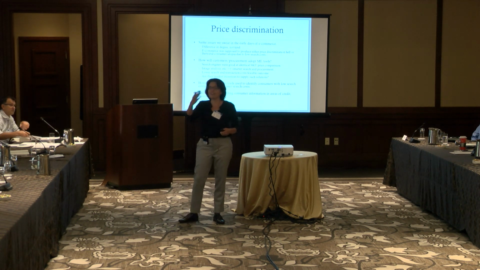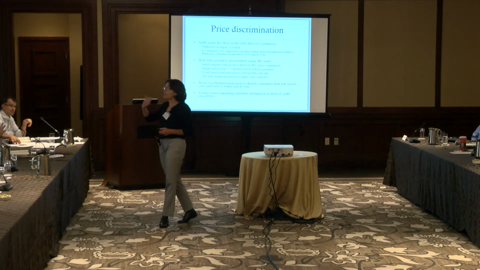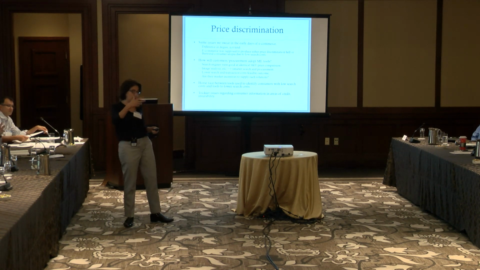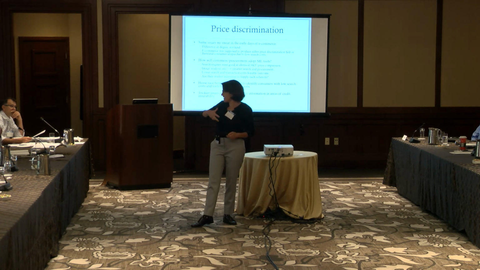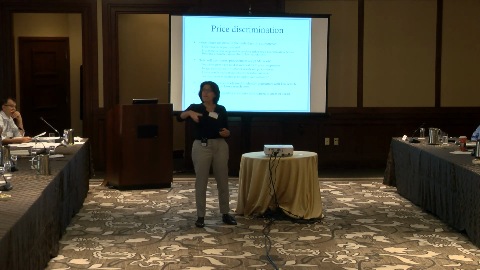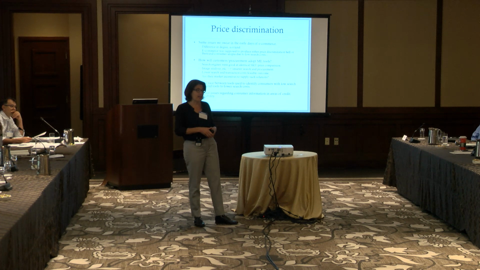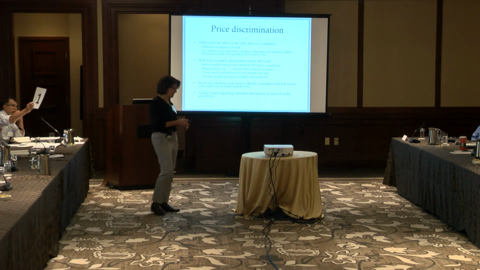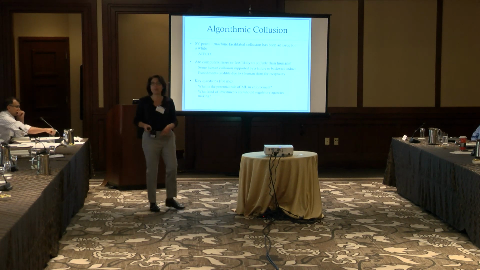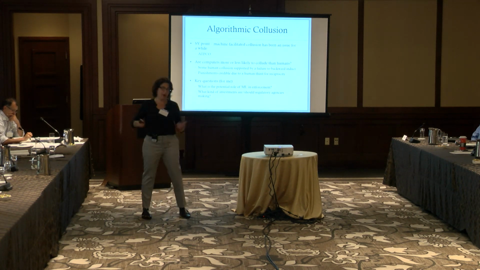So everybody can predict which consumers are going to default on a loan or whose houses are going to burn down, but we haven't figured out how to not make their house burn down. So I'm a little worried about the effect in general on the insurance market, and that's a place for consumer information, but I'm less worried about price discrimination. And then I've got 1 minute, so let me talk about algorithmic collusion, because why not?